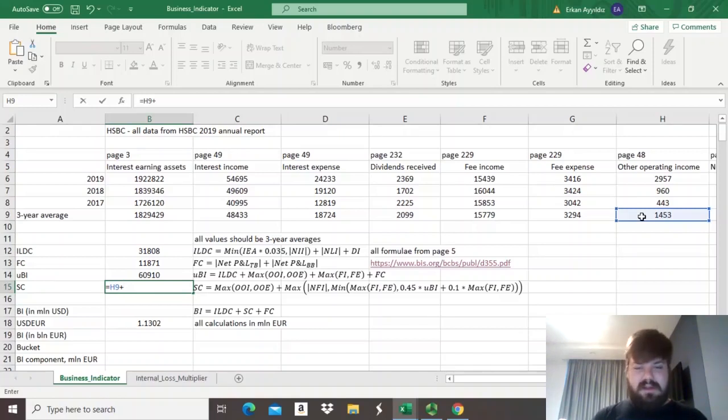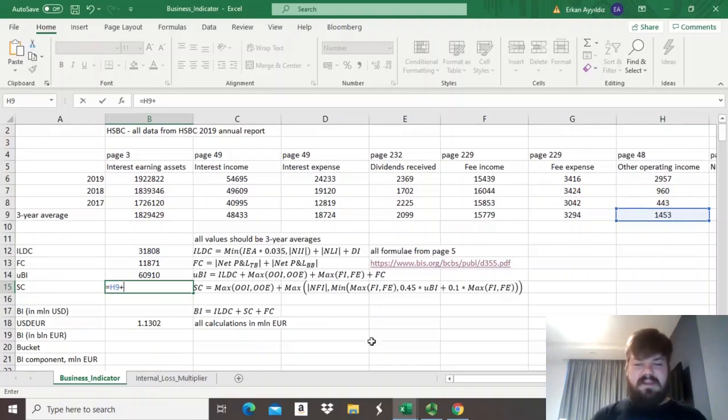What this function does is prevent banks that rely a lot on fee income in their business models, so mostly banks that are heavily involved in fintech, for example, small challenger banks, from having too high business indicators.